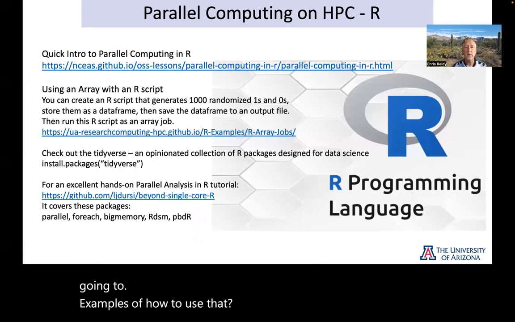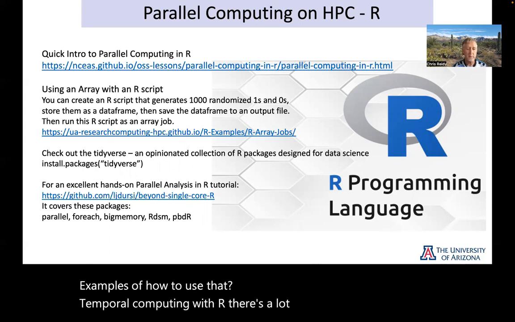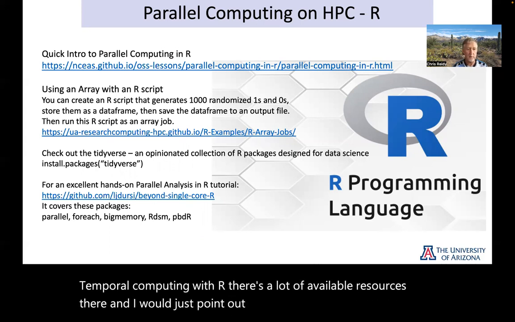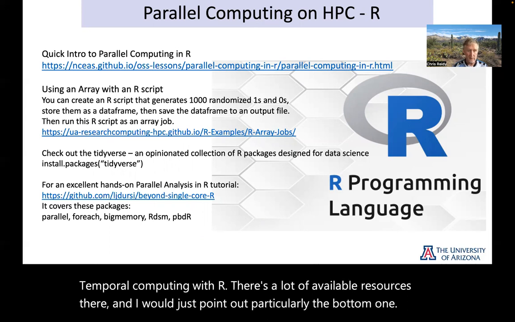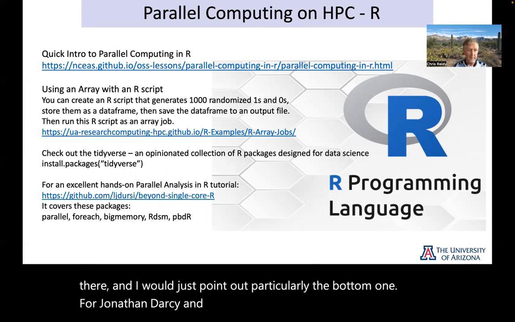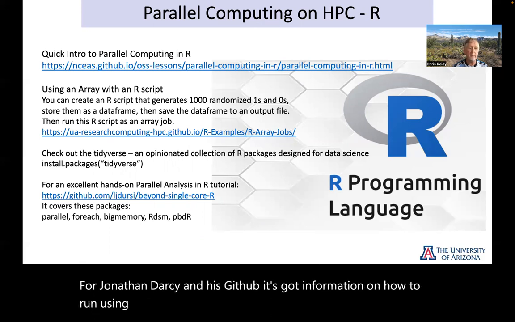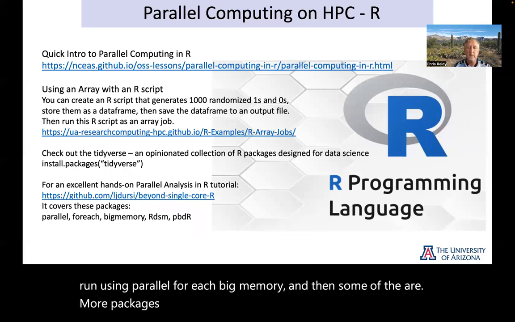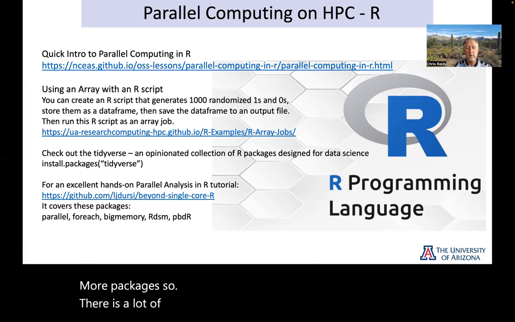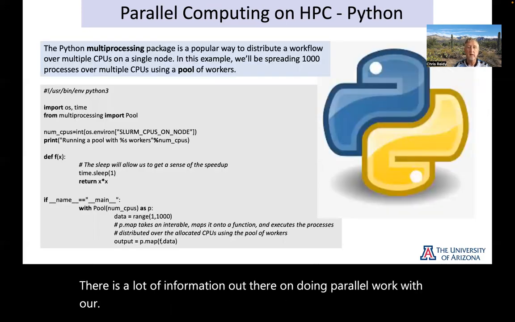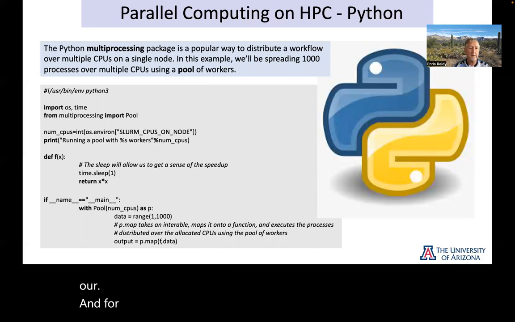For parallel computing with R, there are a lot of available resources. I would particularly point out the bottom one from Jonathan Dursey in his GitHub. It has information on how to run using parallel for big memory and then some of the R packages. There is a lot of information out there on doing parallel work with R. And for Python, we have an example here.